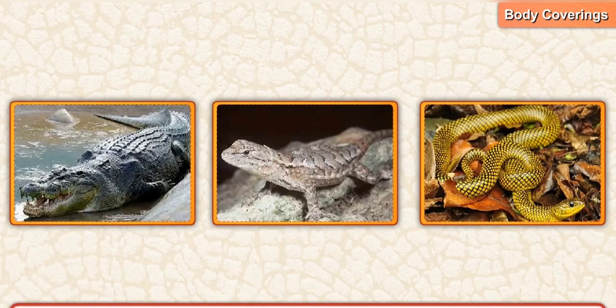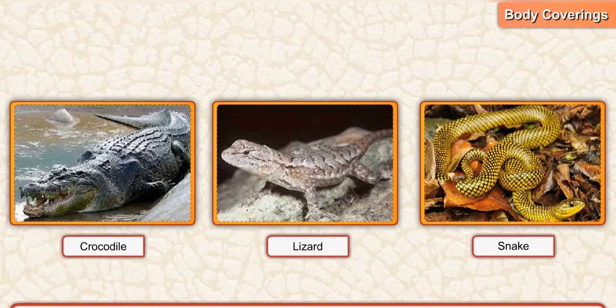Scales. Bodies of reptiles and fish are covered with scales. Reptiles like crocodile, lizard, and snake have horny scales on their body to prevent water loss.